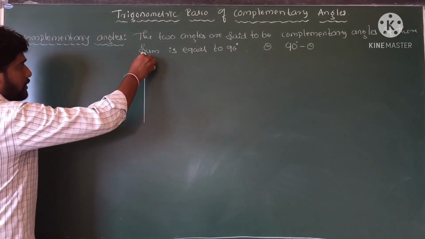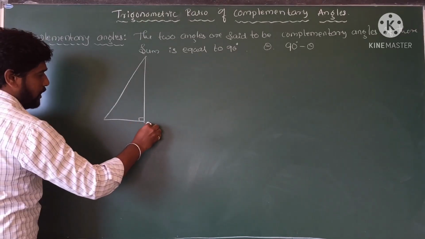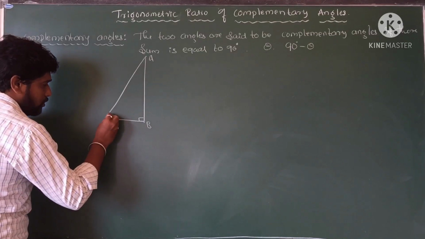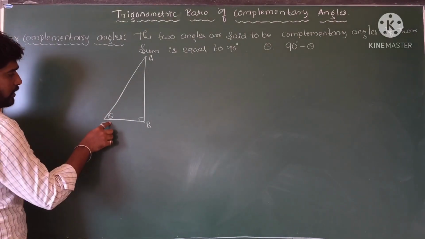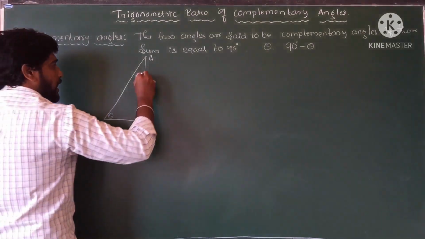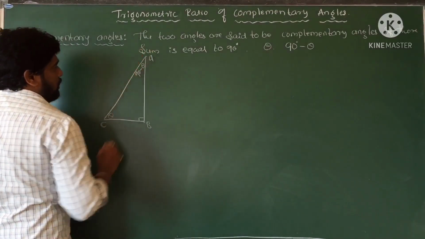In a right angle triangle ABC, right angle at B. I will consider C as theta. So C is theta and B is 90. Then what about angle A? Angle A becomes 90 minus theta.